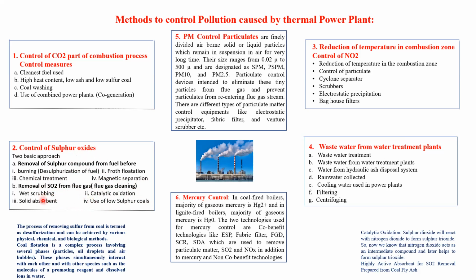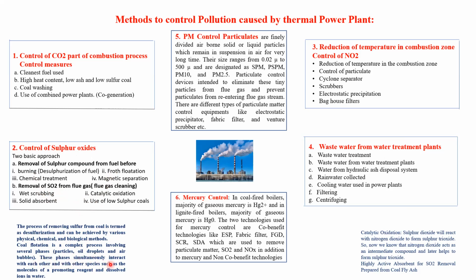One of these will be wet scrubbers. We will be studying them in the following slides. So what is the process of removing sulfur from coal? It is termed desulfurization, and can be achieved by various physical, chemical, and biological methods. What is froth flotation? It is a complex process involving several phases, that is particles, oil droplets, and air bubbles.